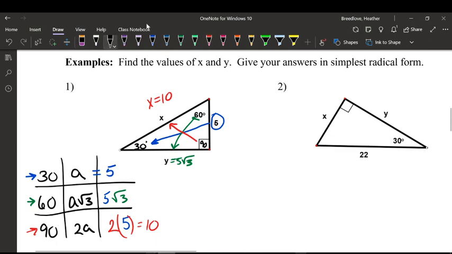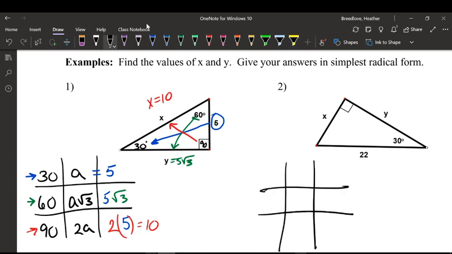All right, some more examples. I know I have a 30, 60, 90, because here's the 90, it's the box. I have 30, so that means the other one must be 60 degrees. So this is going to follow A, A square root 3, 2A.